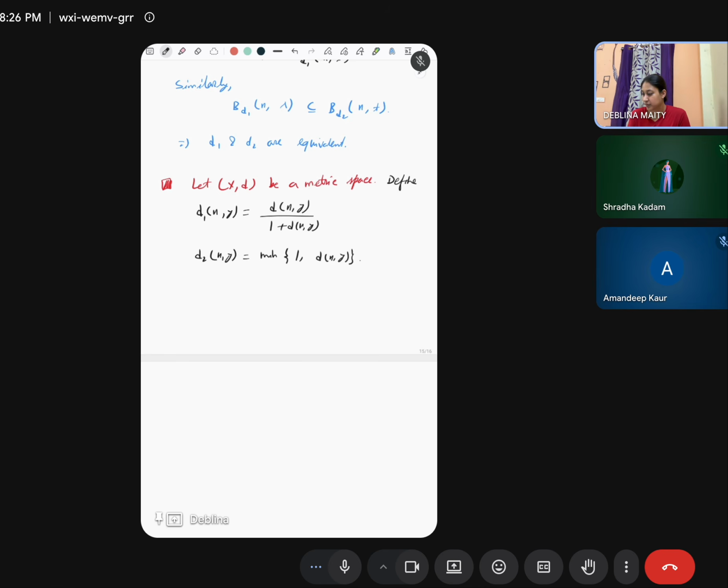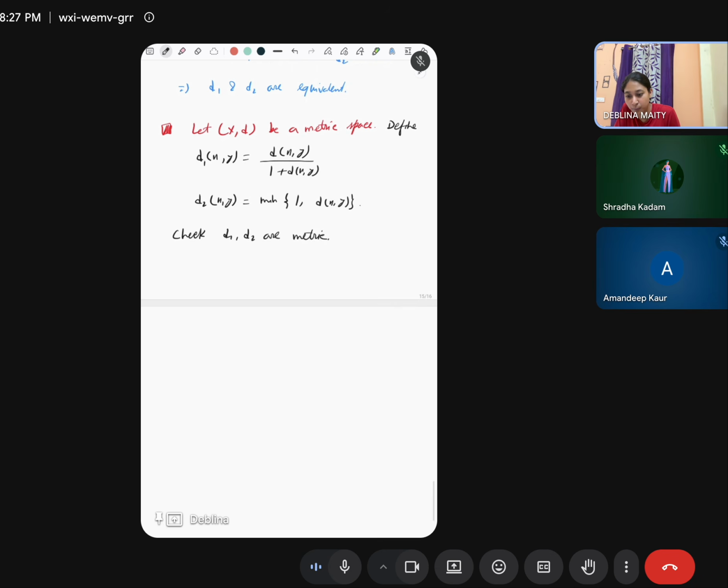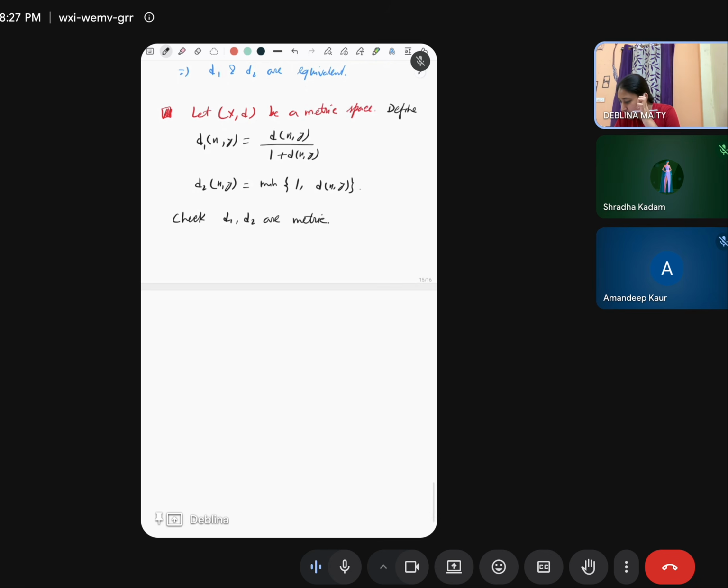Okay, so first check that these two are metrics. These two satisfy the properties of a metric. If you have any doubt, then you can ask me in the next class. So first check d1, d2 are metrics. Okay, this means they satisfy all the four properties. Now we will show that d1 and d2 are equivalent, right?